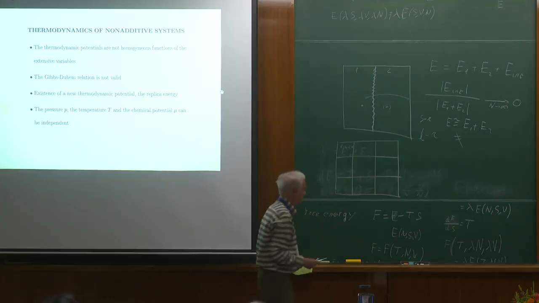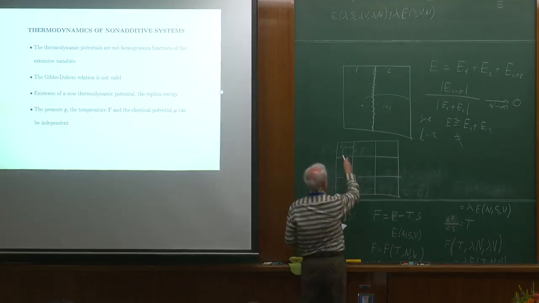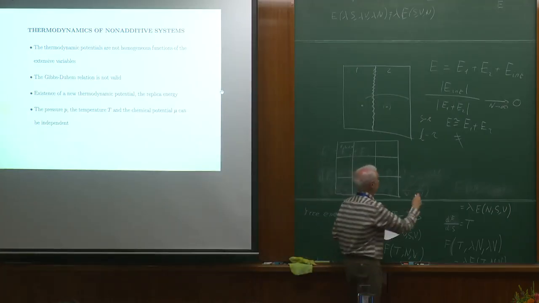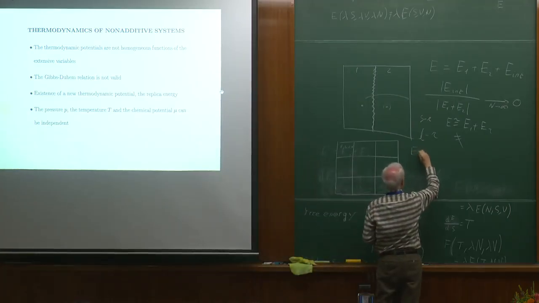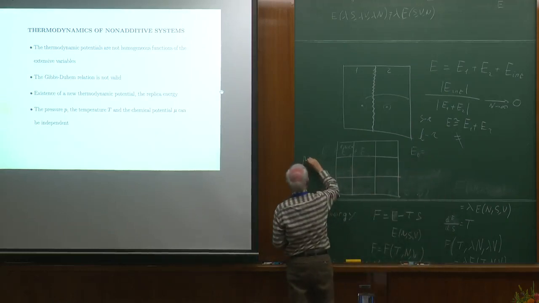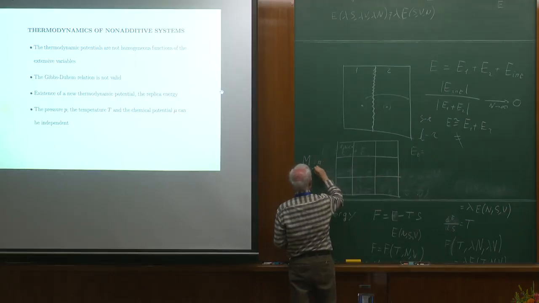So if we consider the energy, entropy, volume, and number of particles of the whole system, since they do not interact, I can say that the total energy is M times E, where M is the number of replicas. These are non-interacting replicas of the long-range system.